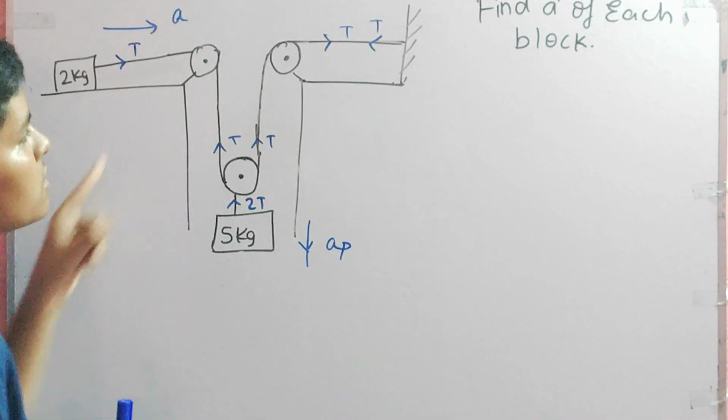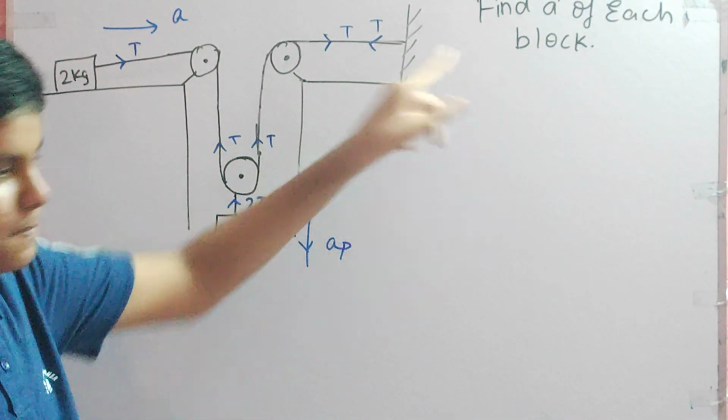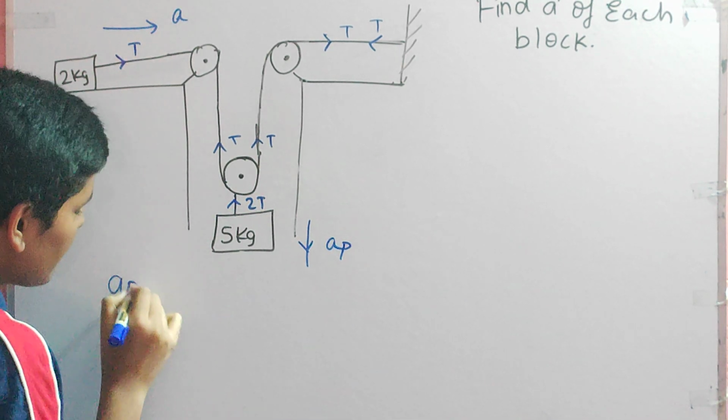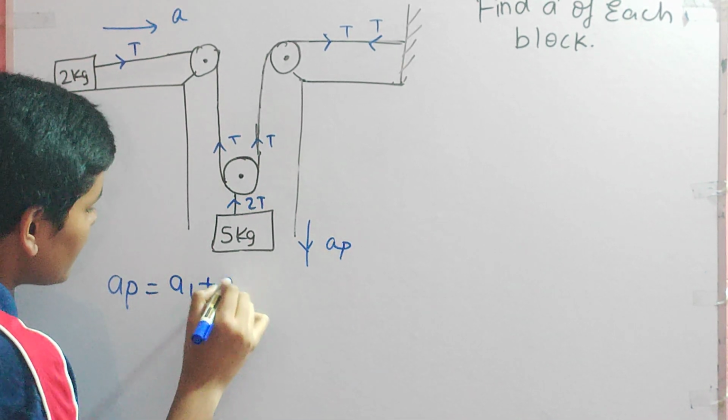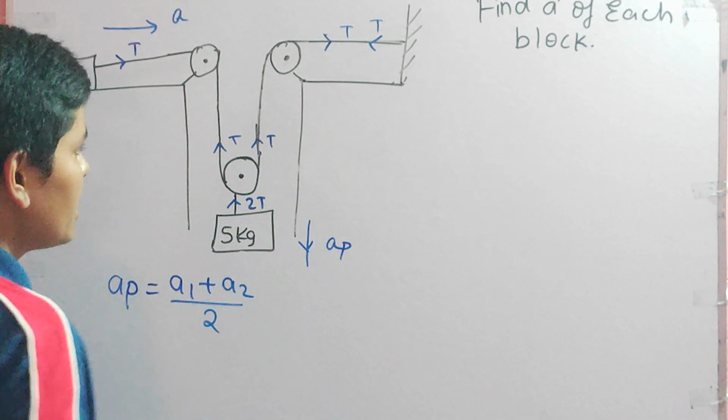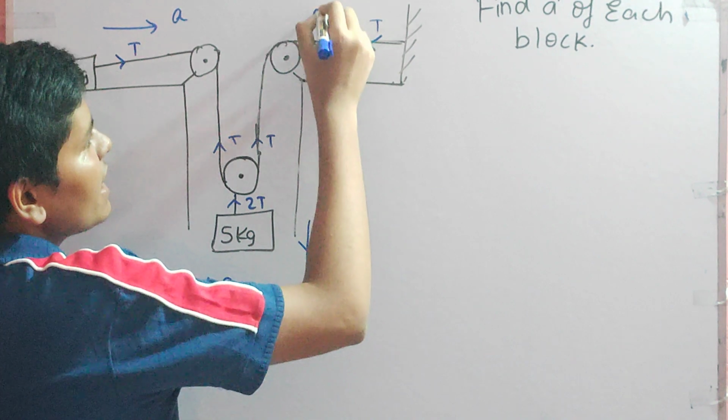So now, if this string is fixed, we have to use again the formula AP is equal to (A1 plus A2) by 2. Now this is going with acceleration A, but from here the acceleration A is equal to 0.